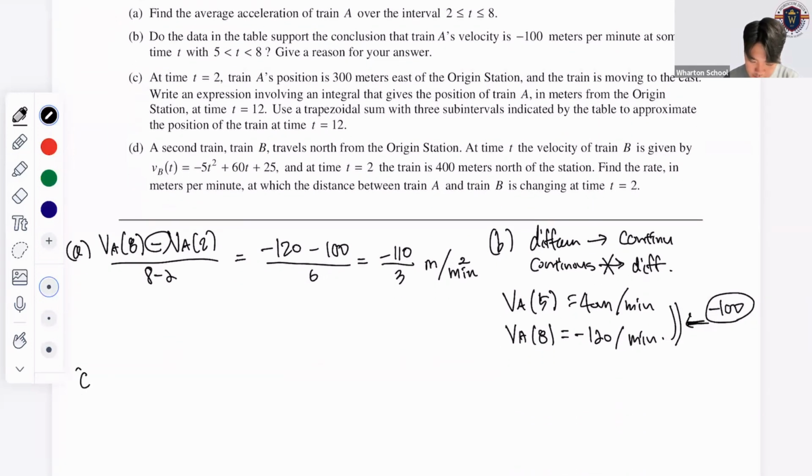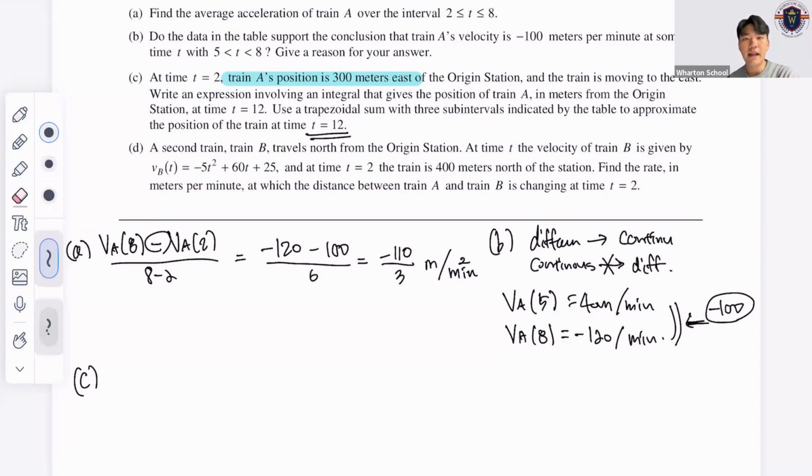The next question, part C, asks us to find the position of train A at time t equals 12. At t equals 2, we know that train A is 300 meters east of the origin. To find the position at t equals 12, we need to add the displacement between t equals 2 and t equals 12.